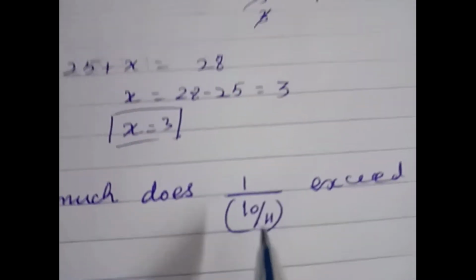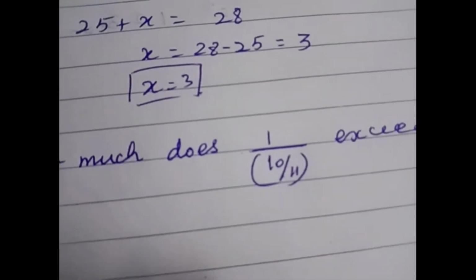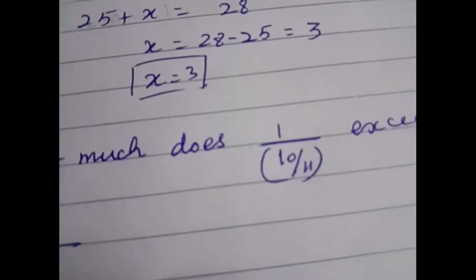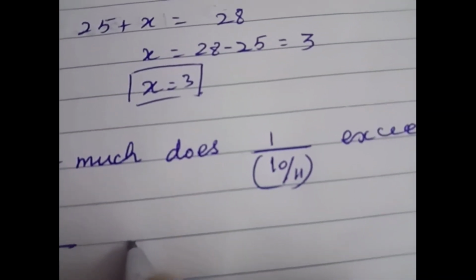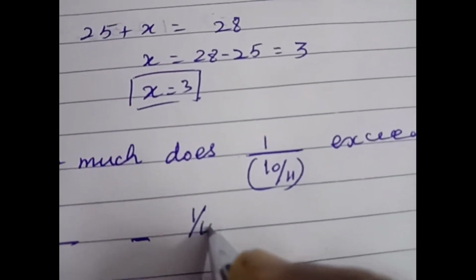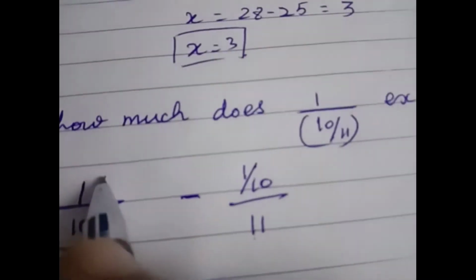Next is the 16th sum. By how much does 1 by 10 by 11 exceed 1 by 10 by 11? So write it down: 1 by 10 by 11 minus 1 by 10 by 11. So take the reciprocal of this.